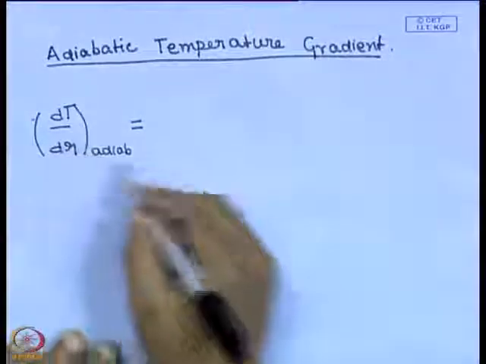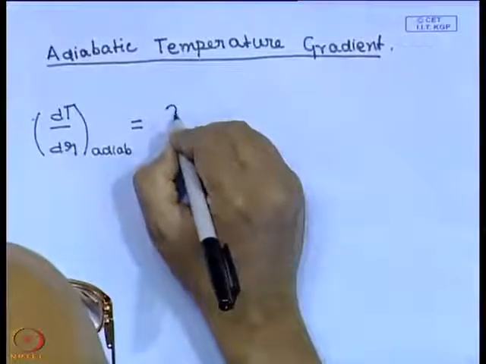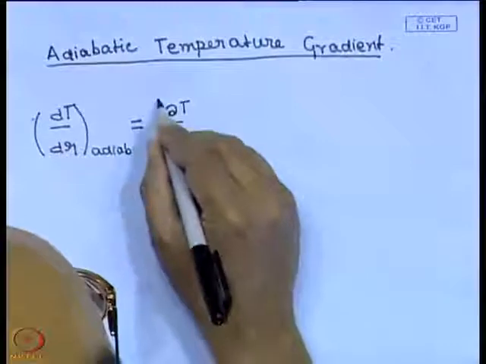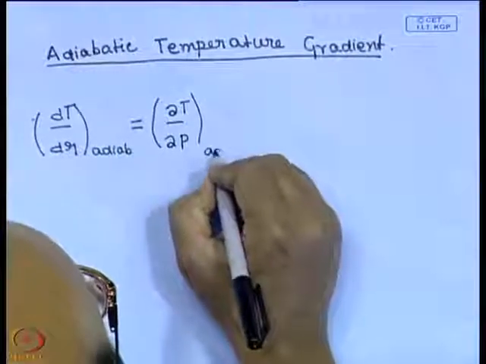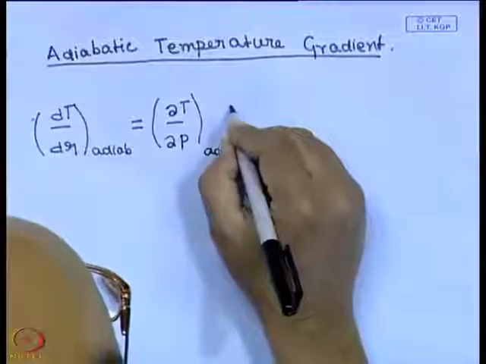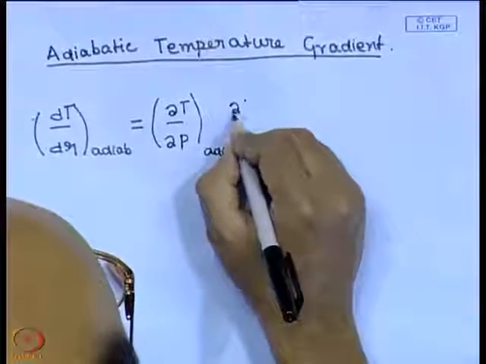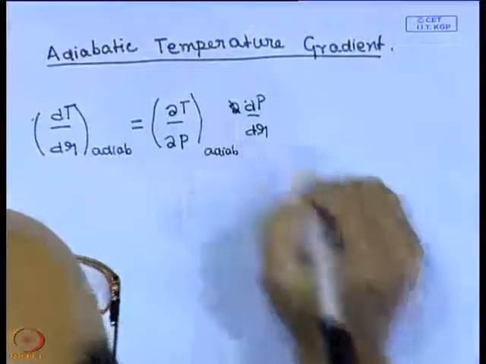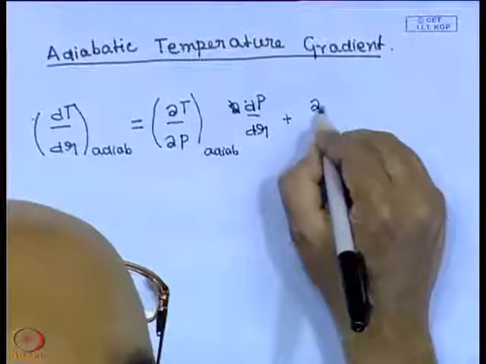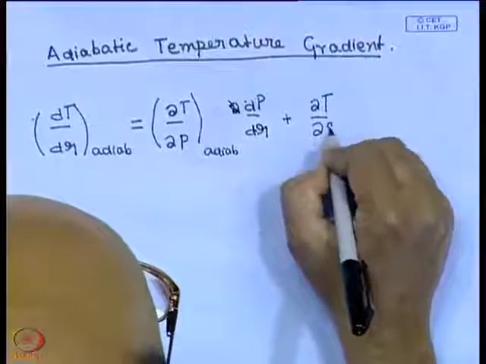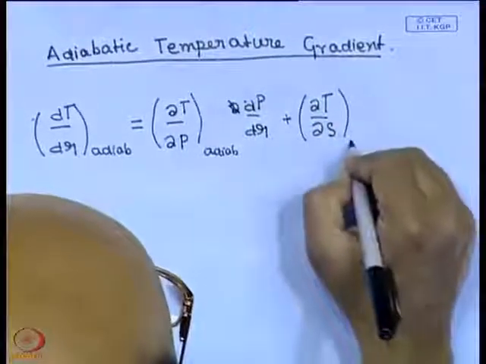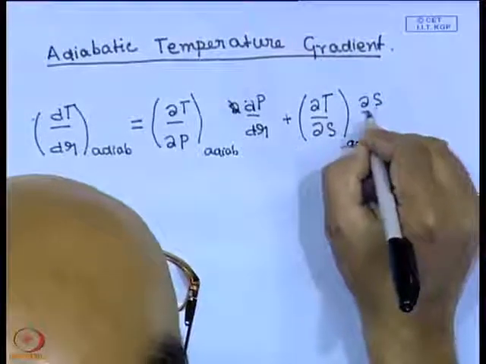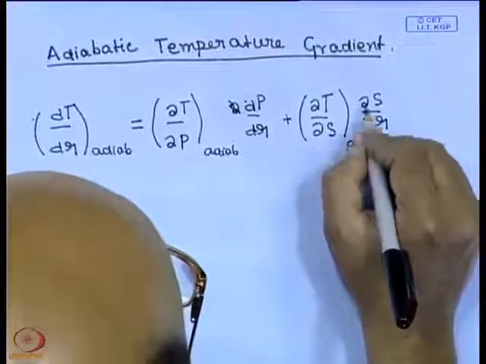So, then this derivative can be written as del T del P adiabatic into dP dr plus del T del S adiabatic into dS dr.